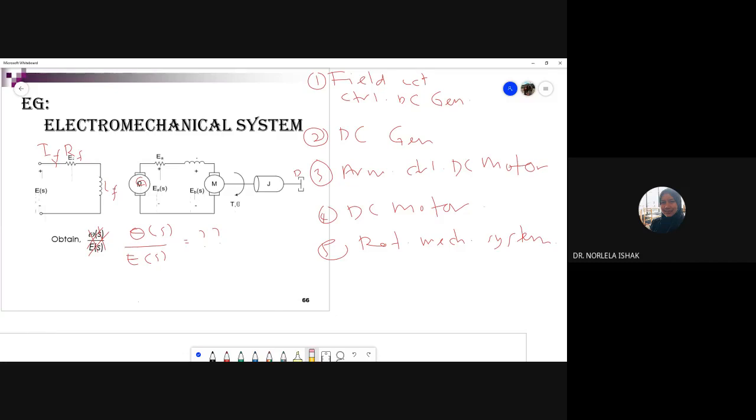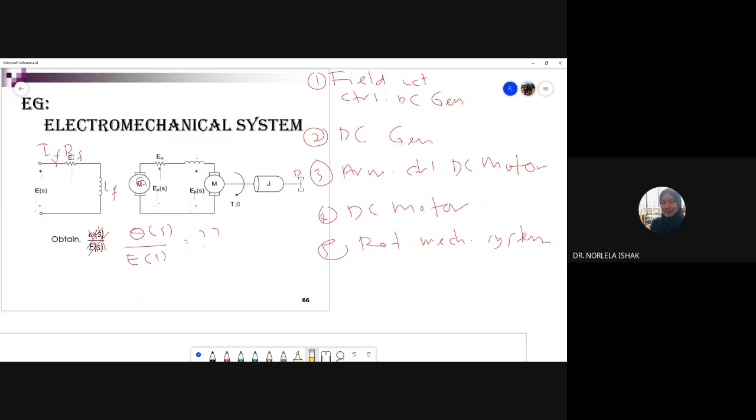From the field circuit, you derive the field circuit first, and the second one, the DC generator. The third one, the armature, you use Kirchhoff's rules. Then from the DC motor, what equation can you derive?